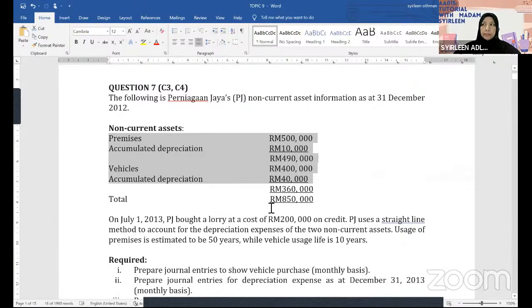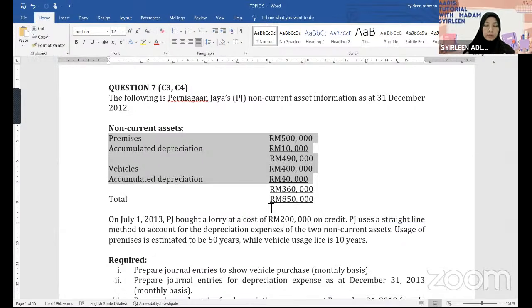So kita ada premise, okay, and the other one kita ada ialah vehicles, alright. So bila you dah diberi jenis-jenis non-current asset in the question itself, okay, whether it is given in the trial balance ataupun dalam maklumat tambahan dalam soalan, so you punya lorry tu, okay, will be included in the vehicle. So that will be categorized as part of the vehicles as well.